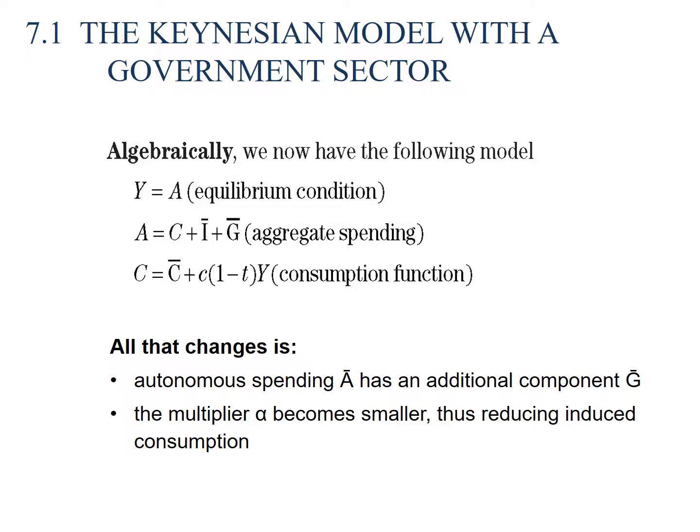So from the model so far, as we add government spending, autonomous expenditure increases, and as we add taxes, our multiplier becomes smaller.